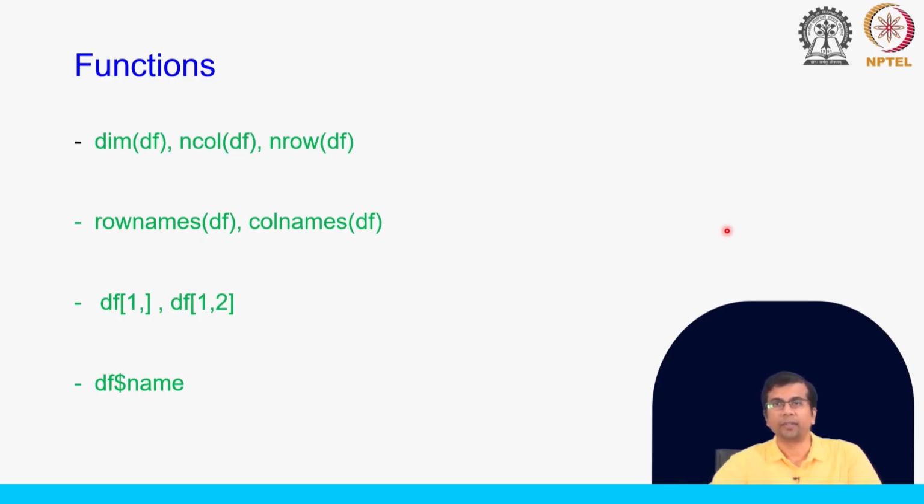This is sometimes very useful, because we do not always remember which column contains which variable, right? So if we name the columns by the variables, then we can access the columns directly by the name of the variables. This is a very useful command. We will see it when we work with biological data.